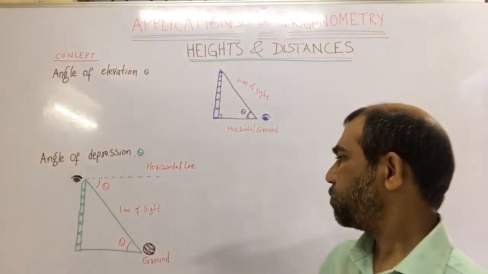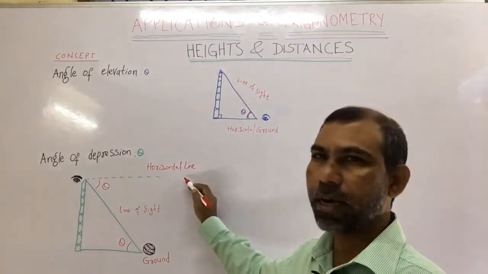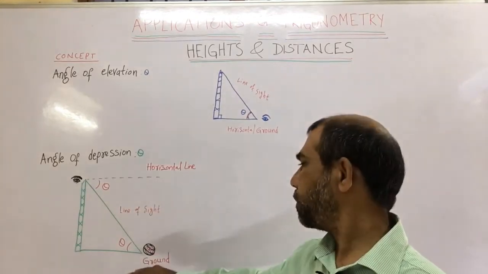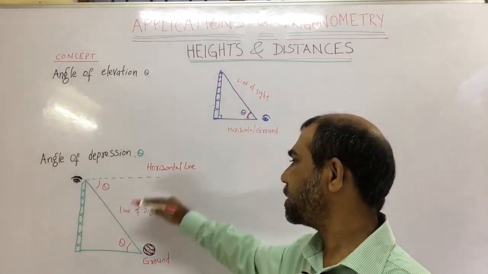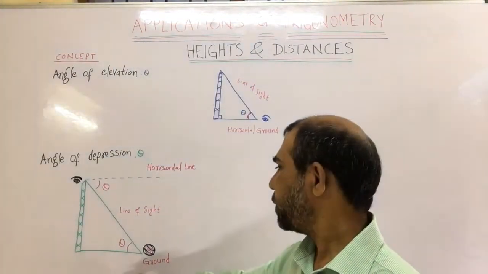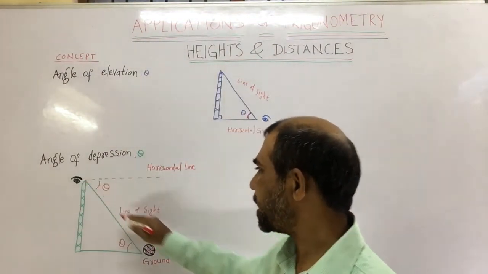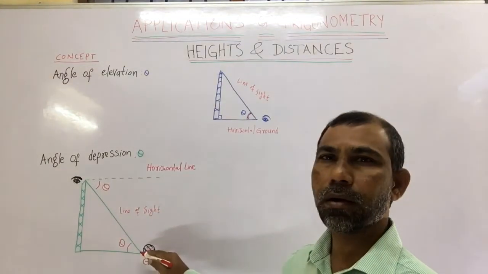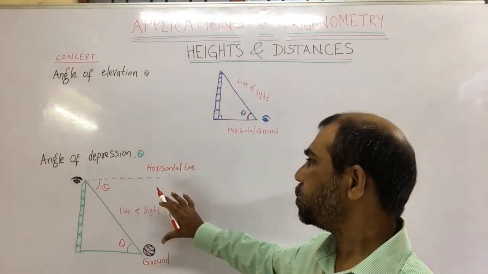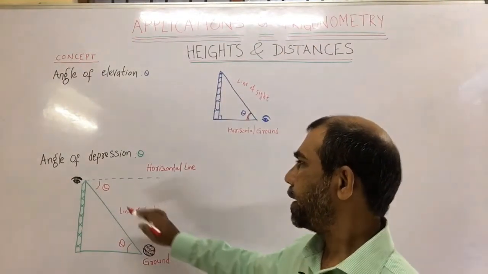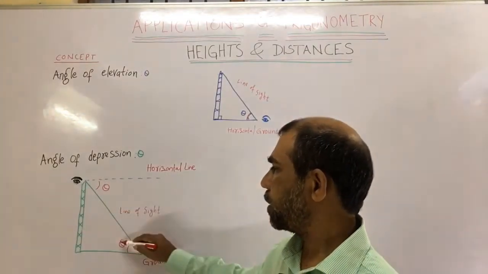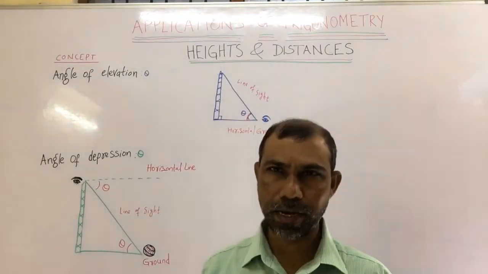For that purpose, we need to draw a horizontal line parallel to the ground. This particular horizontal line is parallel to the ground horizontal. So when you draw it, this particular line of sight will become a transversal, and when these are two parallel lines, then theta, this angle and this angle, will be alternate interior angles.